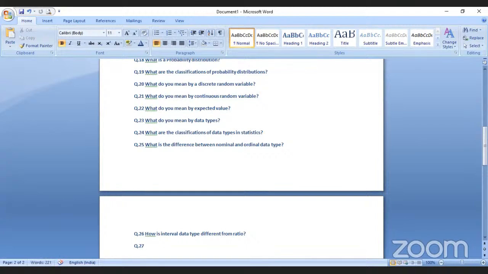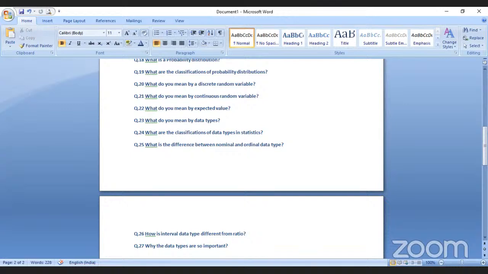Why are data types so important? When we are applying any statistical method, be it descriptive or predictive or prescriptive, it can be employed only based on the data type of the variable. When we don't know the data type of the variable, we can't predict anything.